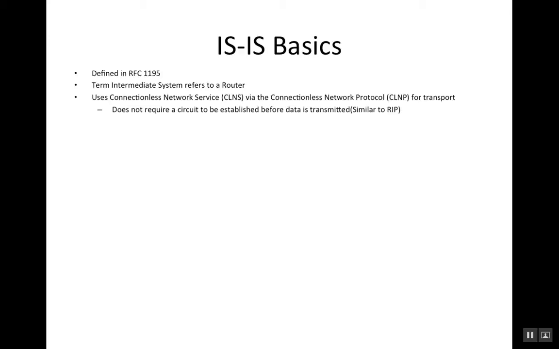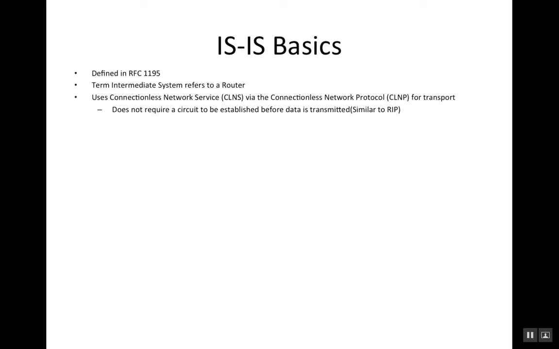It does not require a circuit to be established before data is transmitted, which is very similar to RIP. Don't take that word for word, but when you compare OSPF, RIP and EIGRP, RIP doesn't maintain a neighbor adjacency.